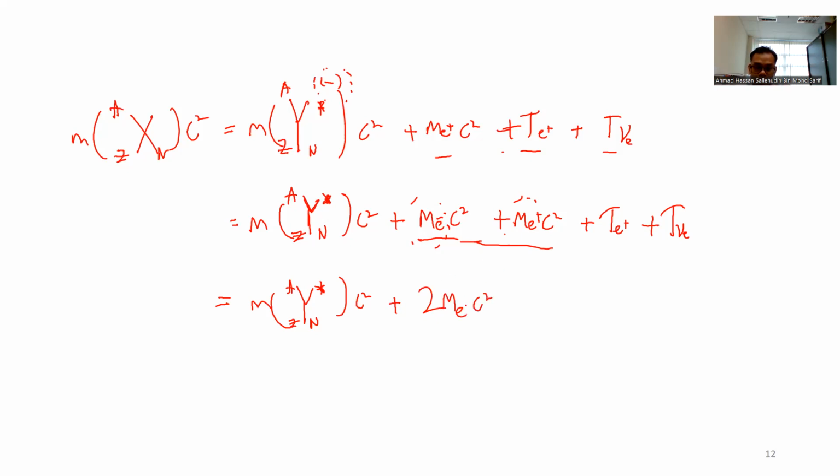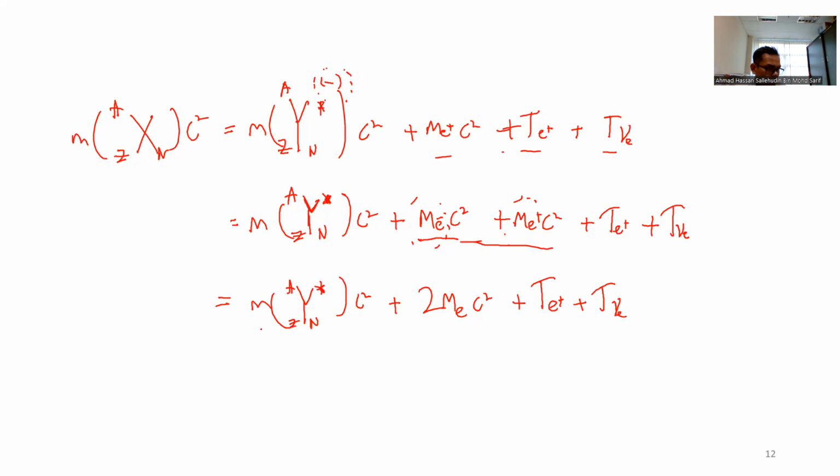You can just leave it as me because me minus is exactly the same as me plus. So it doesn't matter. Plus kinetic energy of the positron, kinetic energy of the neutrino.